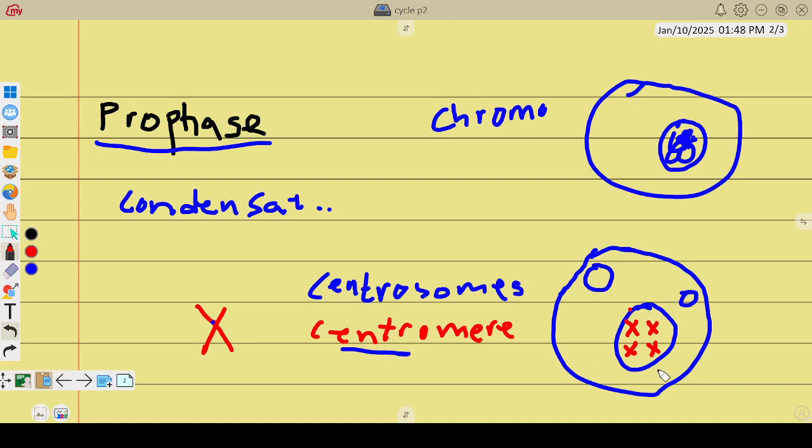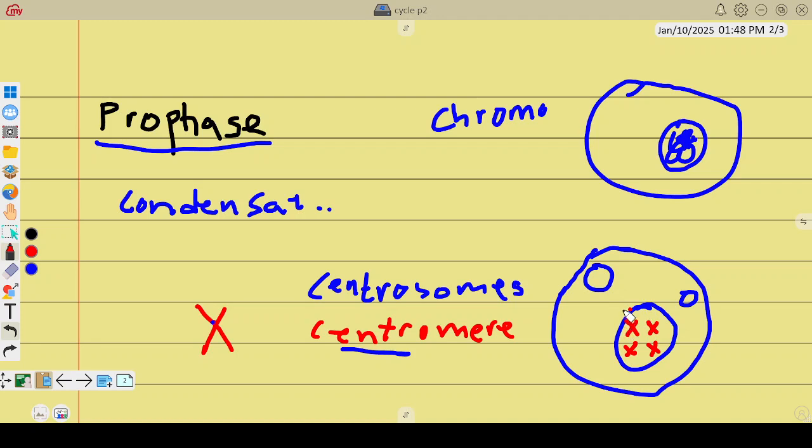This is the nucleus. The structure of the nucleus has a membrane. This same nuclear membrane, or we can say nuclear envelope, disintegrates, so it breaks down.